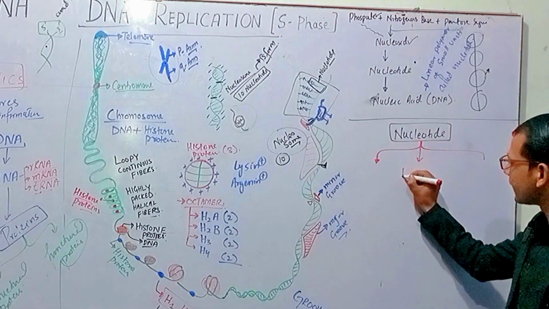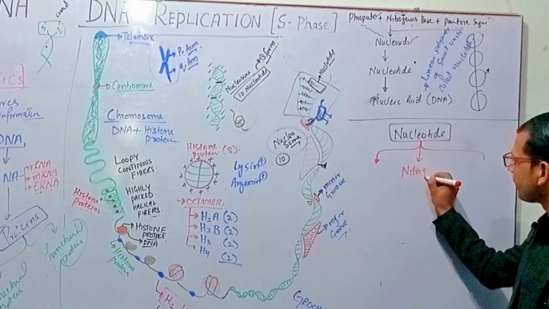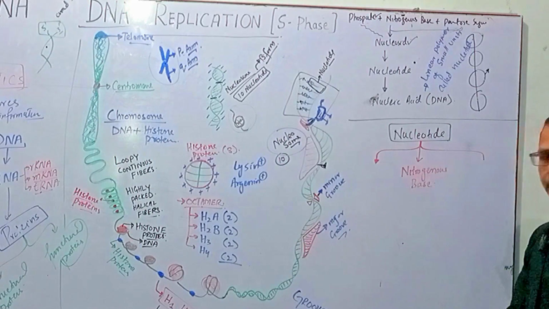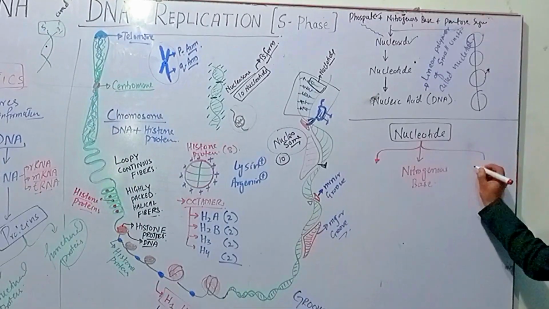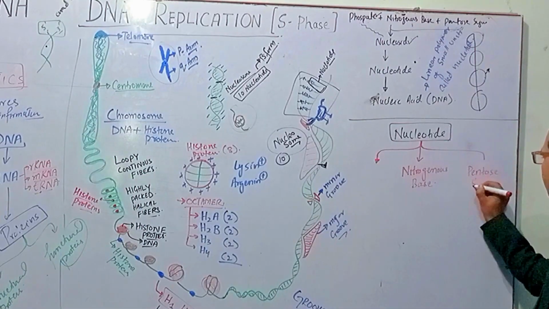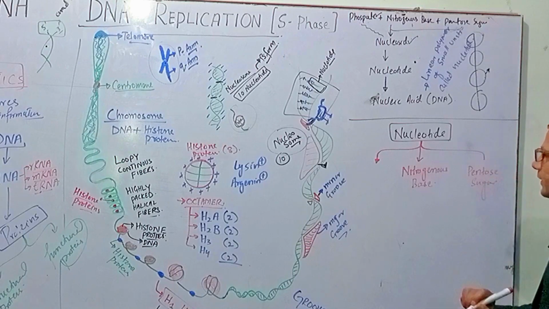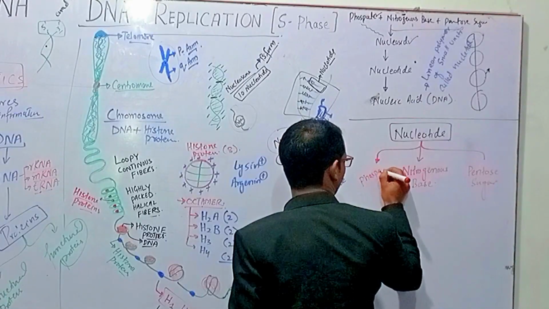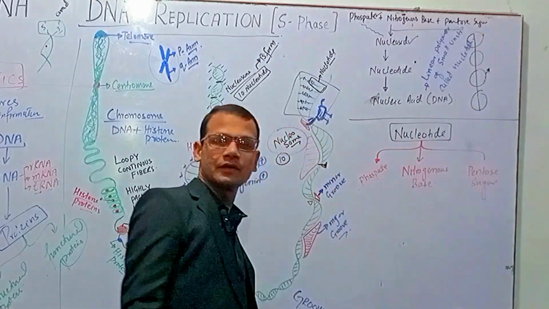One is nitrogenous base, the second thing is pentose sugar, the third thing is phosphate group, right?